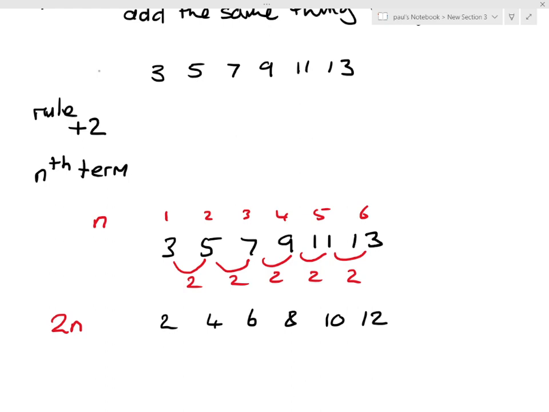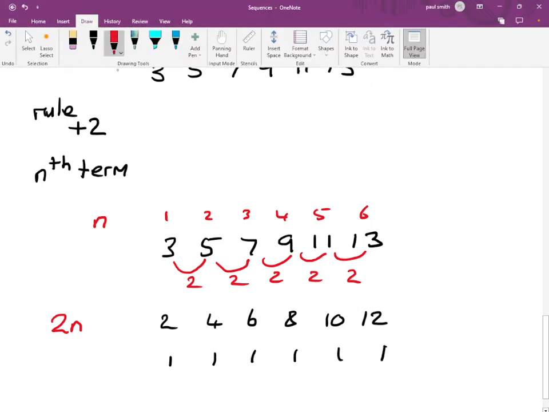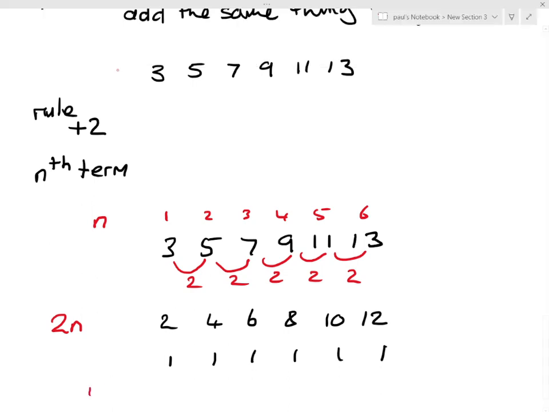So we have to subtract what we know from the sequence numbers. So 3 minus 2 is 1, 5 minus 4 is 1, 1, 1, 1, 1. Yeah, so we have to add 1 to our n number to find out the nth term. And this will be 2n plus 1.